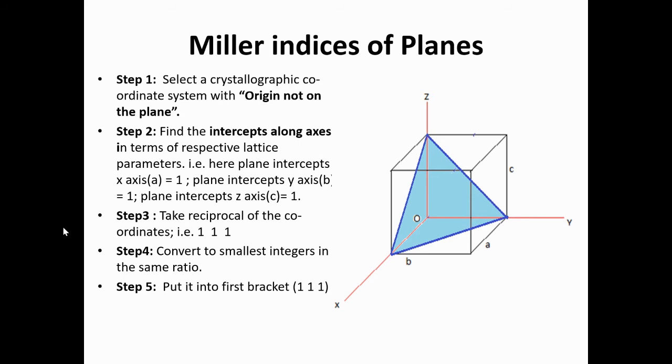So this (1 1 1), these indices indicate the Miller indices of this plane. Not only this plane but all the parallel planes have the same Miller indices, that is (1 1 1).